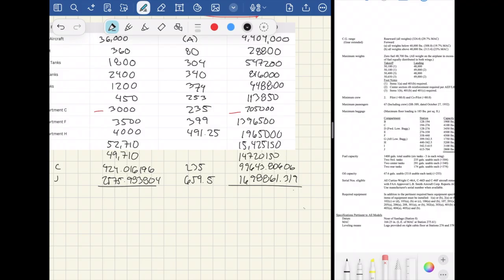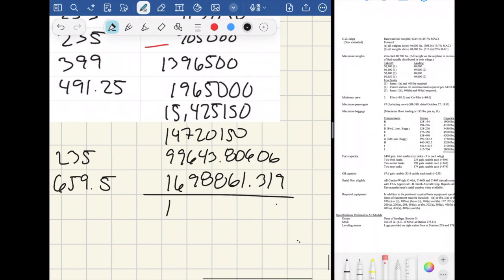So 14,720,150 plus 99,643.80606 plus 169,886.151. We have 16,518,655.13.